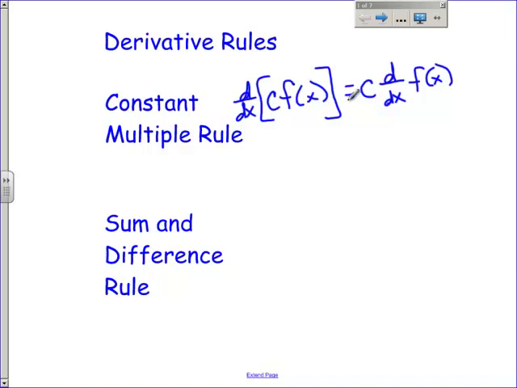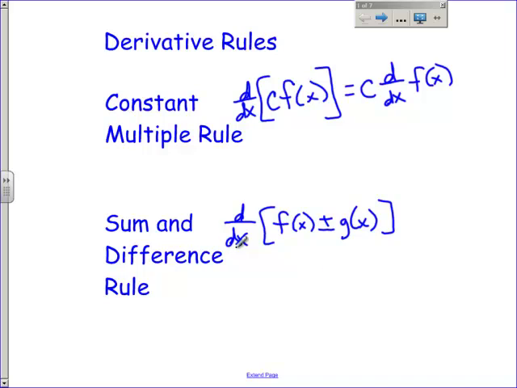And then we have a sum and difference rule, and this is provided, by the way, that f is differentiable. f can't have any sharp corners, f can't have vertical tangent lines, and it has to be continuous. Alright, sum and difference. If you want to take the derivative of one function plus or minus another function, then this says you just take the derivative one step at a time.